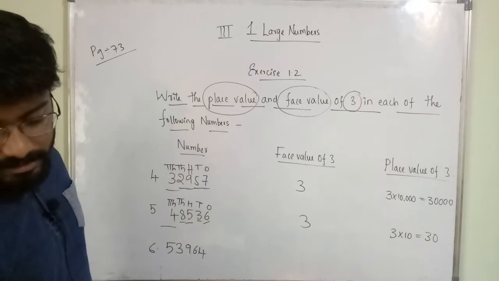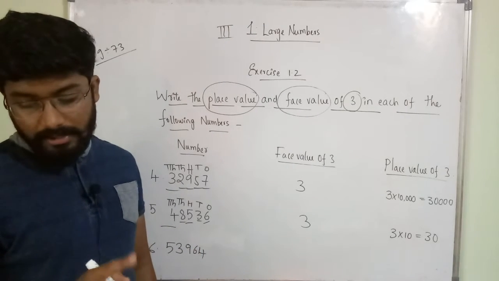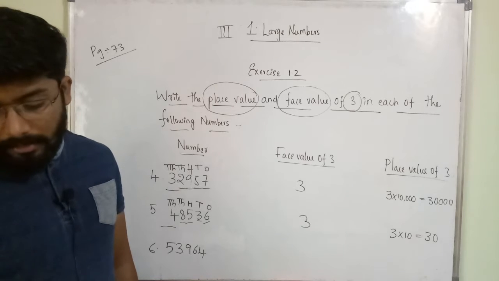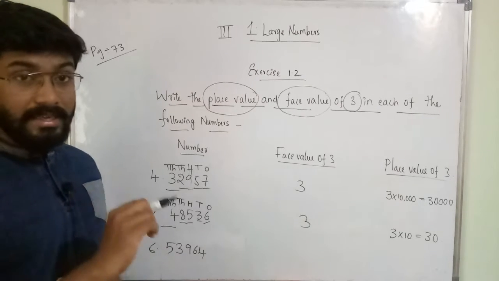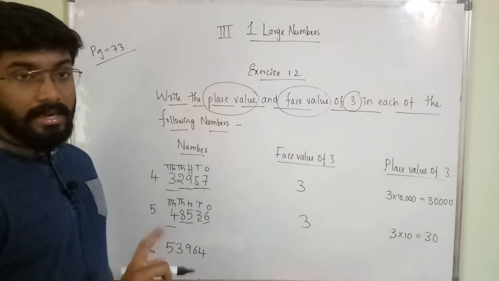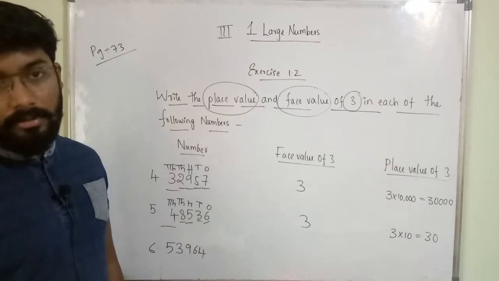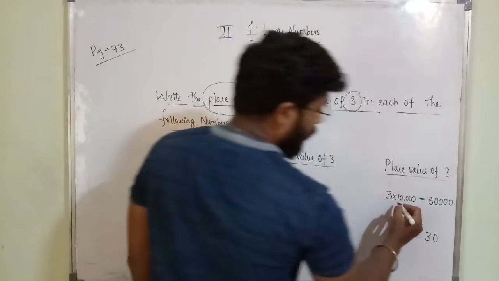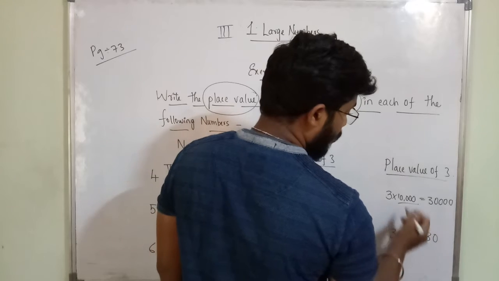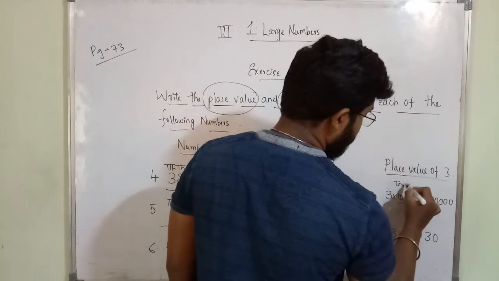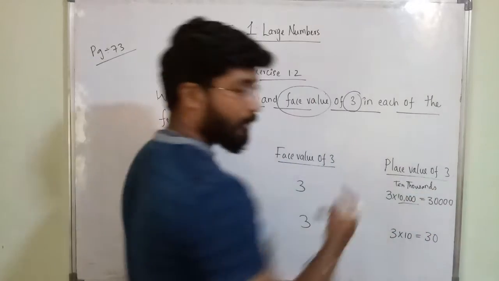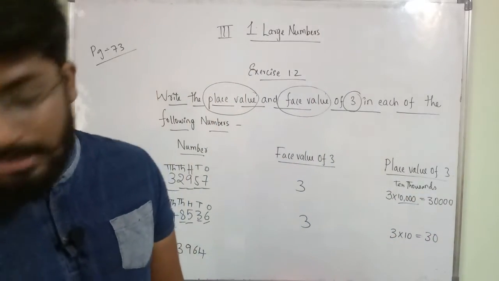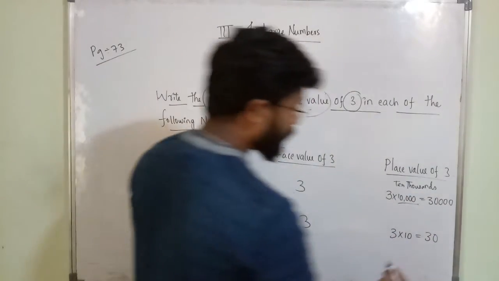If you can see the first one, 8310, the face value is 3. For place value he wrote 3 hundreds. 3 hundreds means 3 into 100 only. You can write this as a number, or you can write here 3 10,000s. Any of this is correct, but here he has given it in words, so you have to write everything in words.